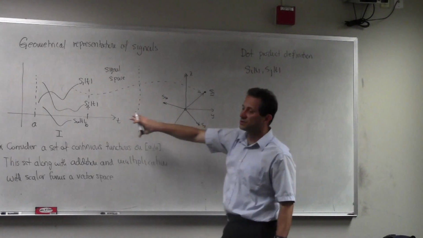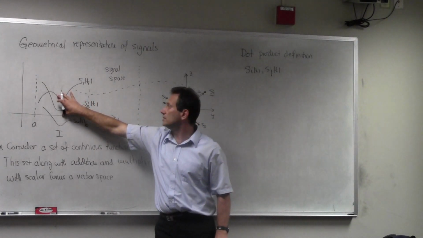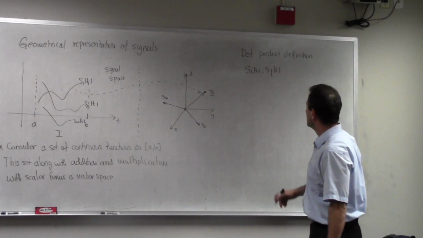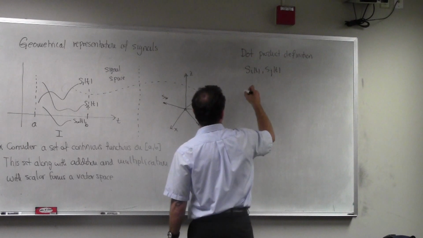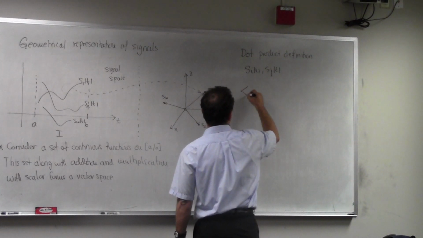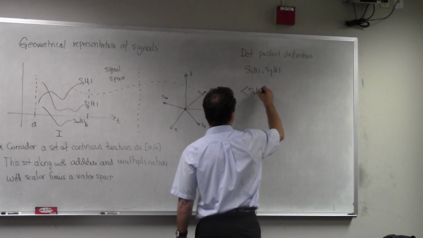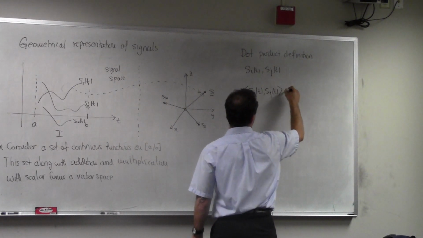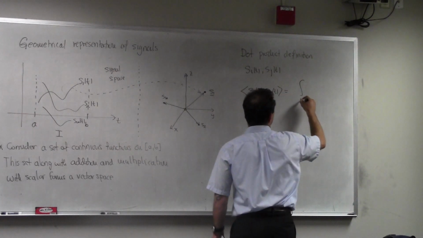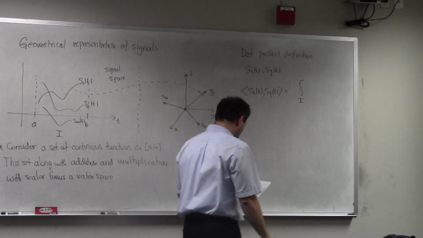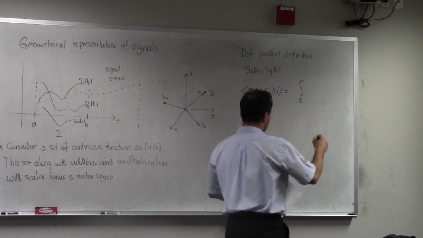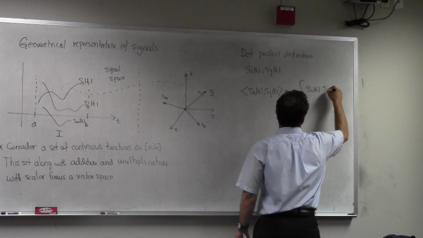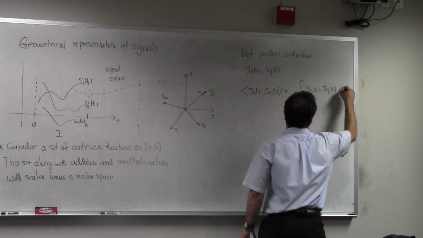They are two functions out of this set of functions that I have on an interval a to b. Then the dot product between Si of t and Sj of t, for which I'm going to use this notation, Si of t in dot product with Sj of t, is going to be defined as the integral over this interval I of Si of t times Sj of t dt.